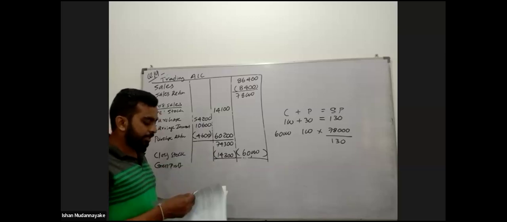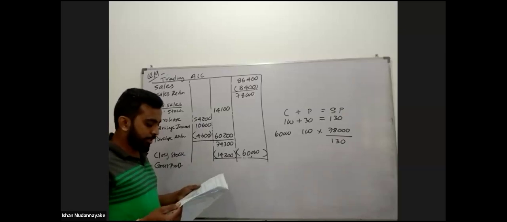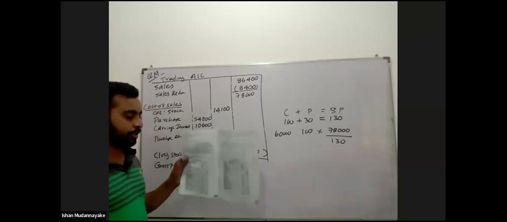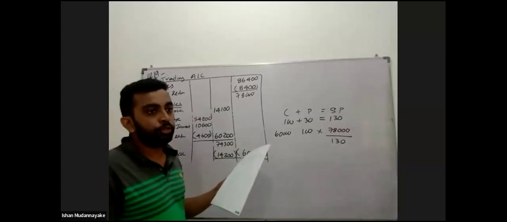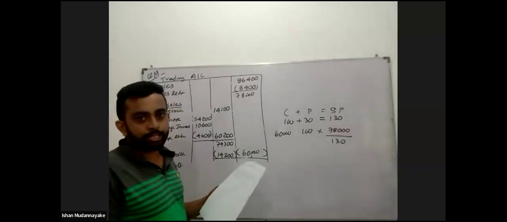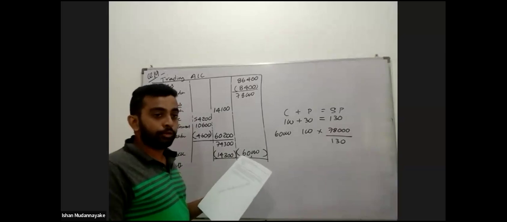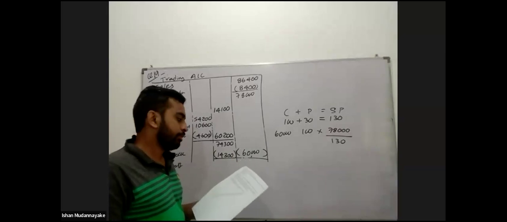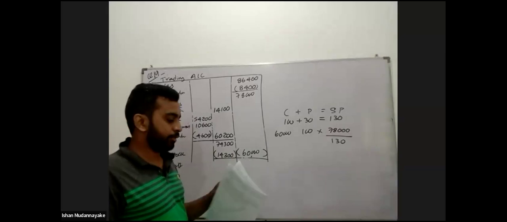Right, we'll discuss a few sole proprietorship questions from this tute, and then we will move into the second tute. I will send you the second tute as well, and then you need to get the print out. In the second tute, I have included adjustments. So many adjustments are there in the second tute.